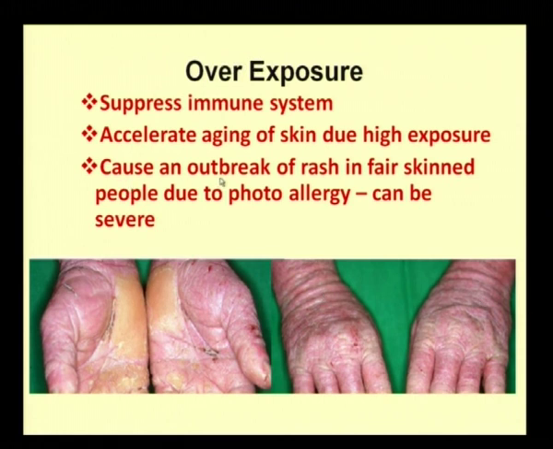And it causes an outbreak of rash in fair skinned people due to photo allergy, and it can be severe, particularly for those who are fair, white in color. Because of the photo allergy, it is making rashes in fair skinned people, and this is another effect of the ultraviolet radiation.